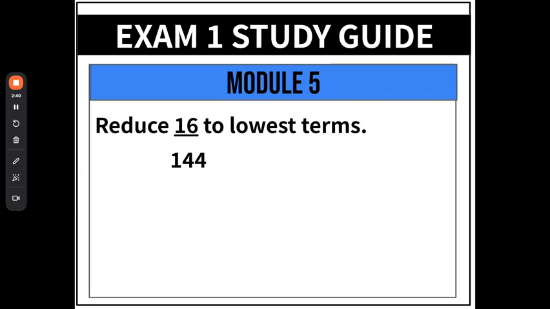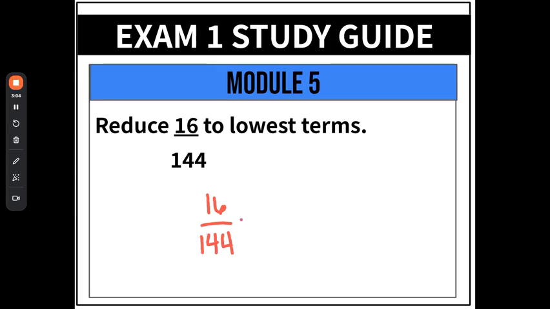Okay. Reduce 16 over 144 to the lowest terms. Yeah, this is supposed to be a fraction. So I'll write it like this. So what we need to ask ourselves here is, what can I divide both 16 and 144 by?